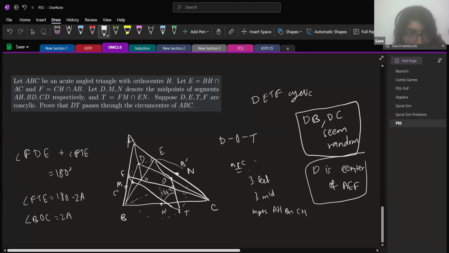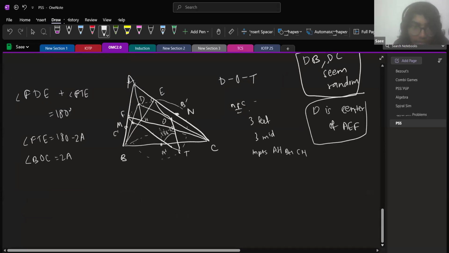Also notice that we haven't really used that FMT collinear, ENT collinear and so on, because we never found a concrete way to represent the midpoint of CD. That is very weird. So we have the triangle DBC, and we have some 2A over here.